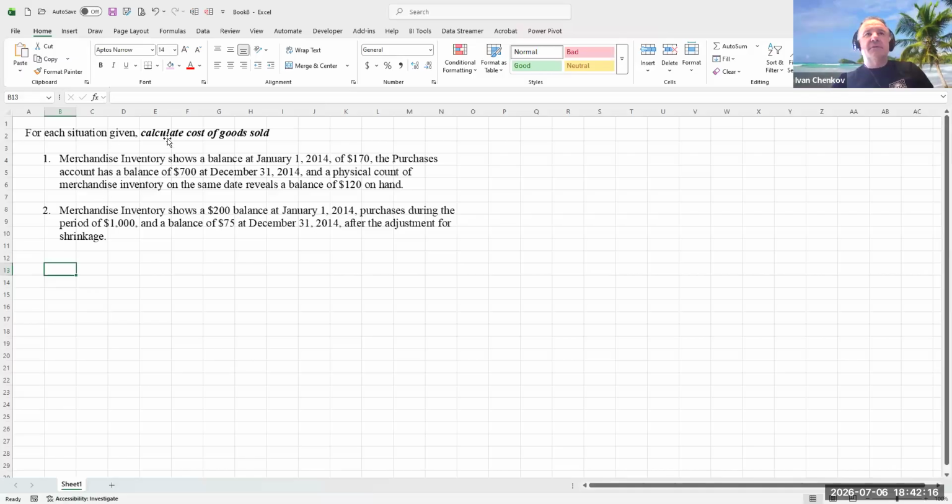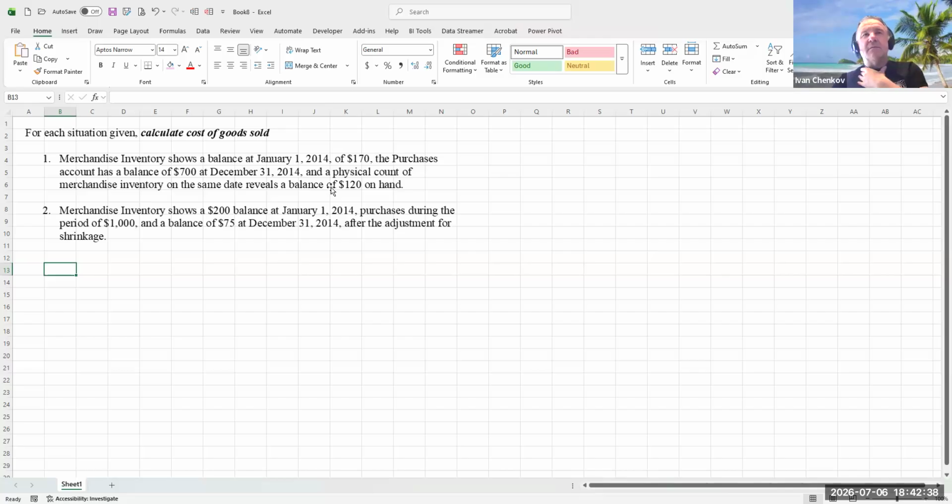So what the question asks is, in which situation do we have to calculate cost of goods sold? How are we going to get cost of goods sold? First we have to check the information. In this information, we can see that we have inventory, we have the purchase account, and we have a physical account on the end.